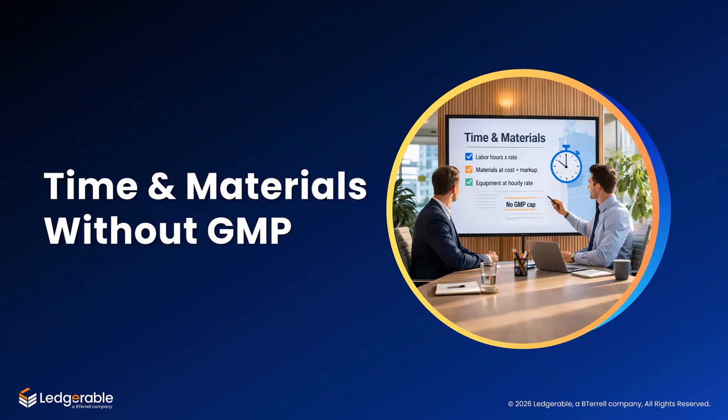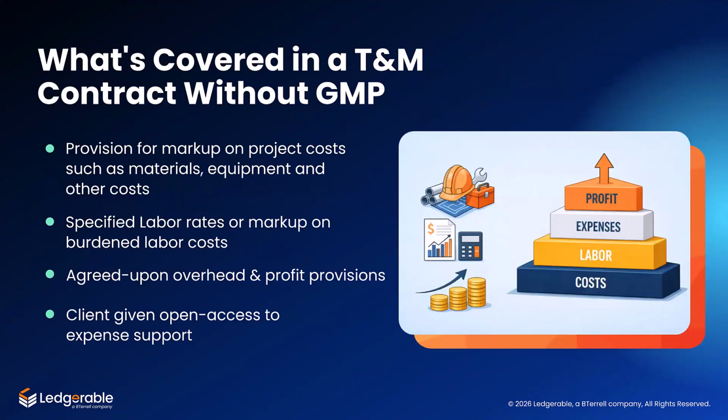And in those projects that are difficult to estimate due to the number of unknowns, like with historical renovations. We also sometimes see standard T&M used for late owner-specified change orders to larger projects. These contracts are usually the most favorable to a contractor from a risk perspective because cost coverage is ensured by the contract. So what does a standard T&M contract look like, and what does it contain?